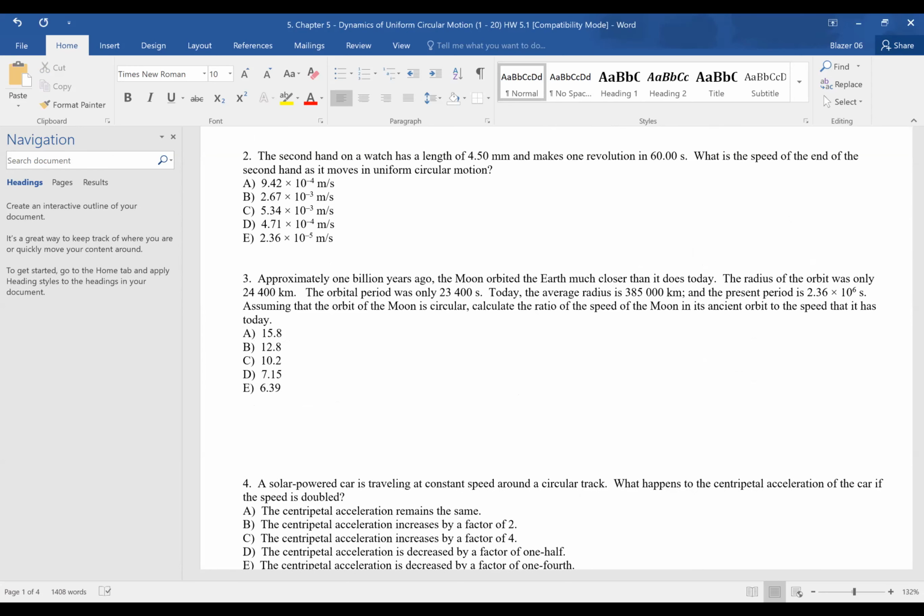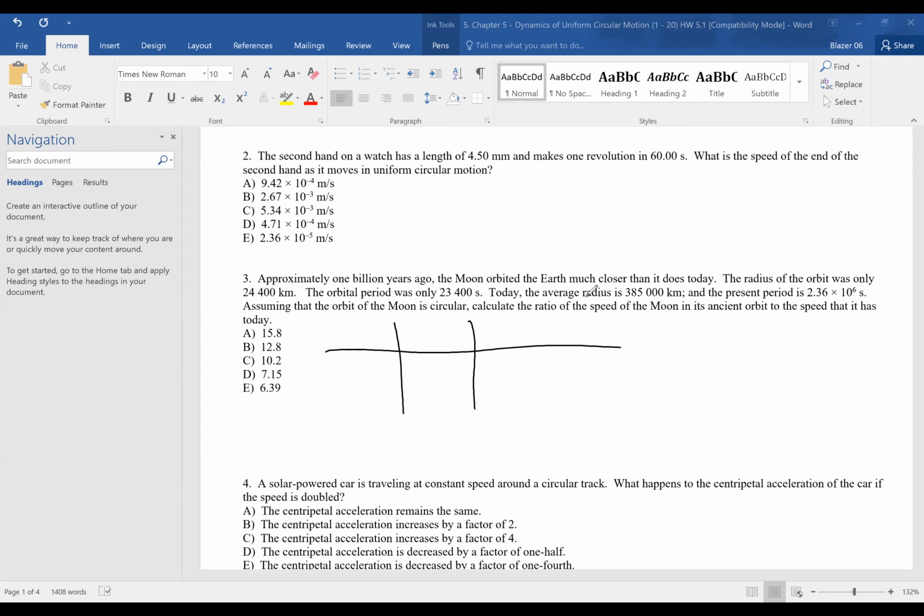Number 3. Now with this problem, I want to show you a couple of ways to make the problem easier to solve. This is what I mean when I say learning good problem solving techniques. It says approximately 1 billion years ago, the moon orbited the Earth much closer than it does today. The radius of the orbit was only, so now we have to find a way to distinguish these numbers. The orbital period was this.